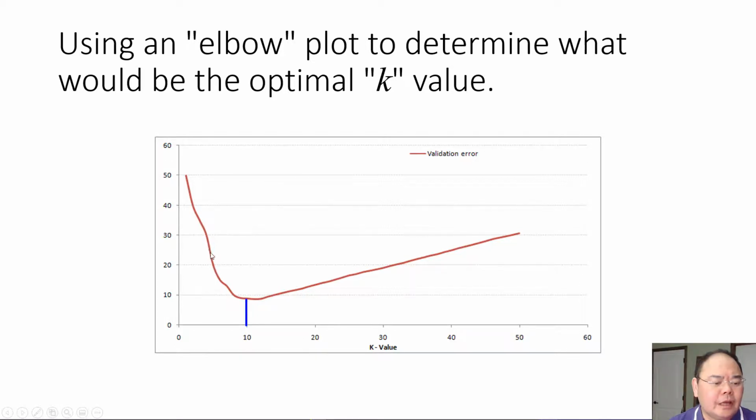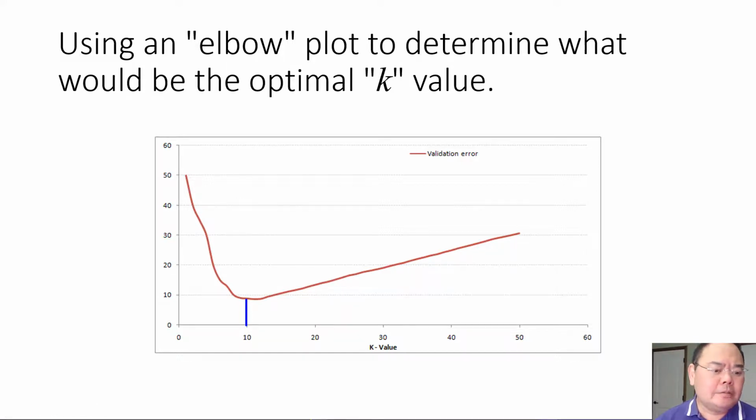When I increase k, this issue gradually reduces. And then if I increase k to a really large number, the misclassification increases again. So we're trying to choose the minimum point on this elbow shape as our optimal k value.